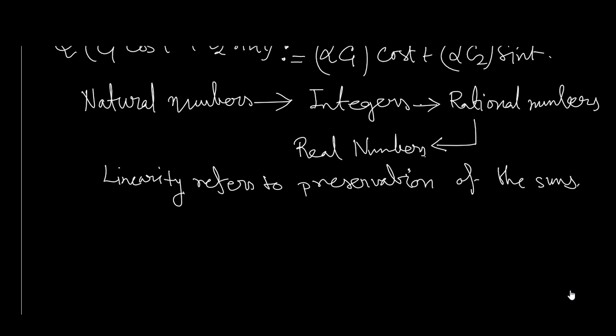Now let us consider an audio amplifier. What is the purpose of that audio amplifier? It amplifies the input signal by a certain magnitude, and as long as the magnitude does not exceed its saturation limit, the output of the sum of two signals is the sum of the respective outputs.